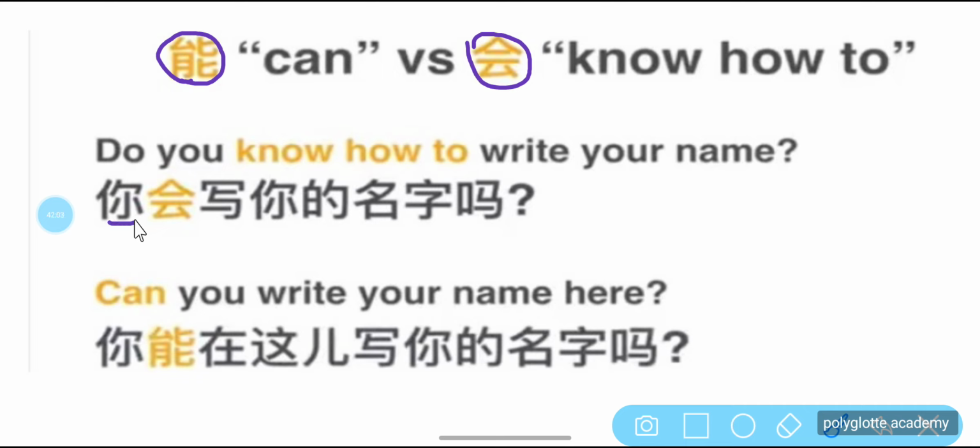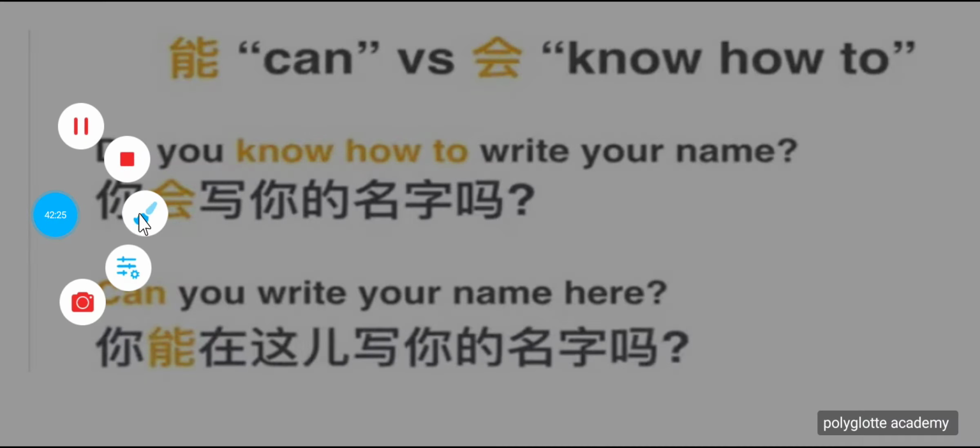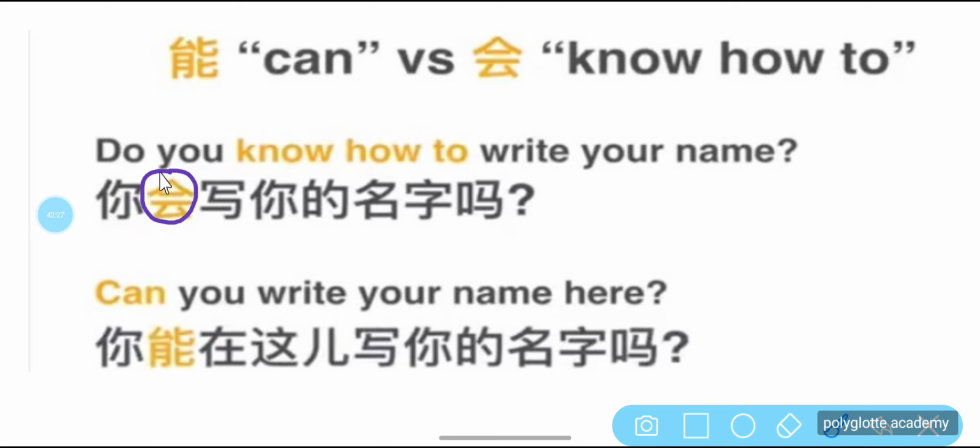So ni, I'll write it back. Ni, which means you. The next character, hui, which is know how to or can. You can say know how to. It is can in a sense that you know how to do something.